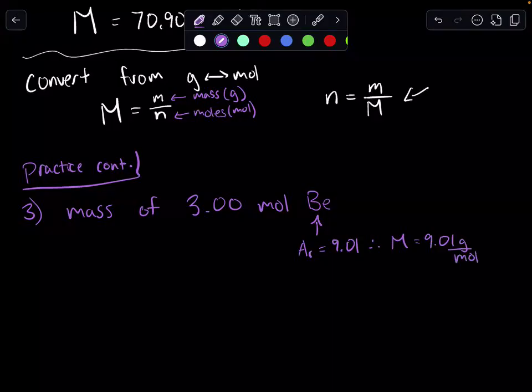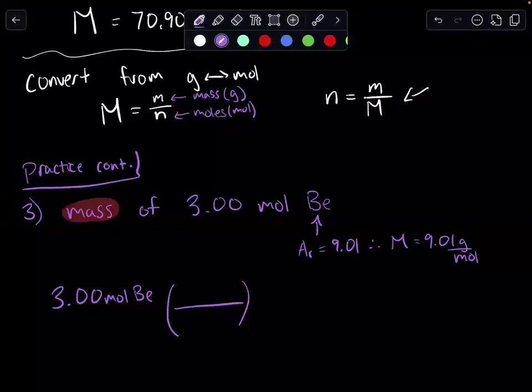All right, so I'll start with my problem. I start with my given 3.00 mole beryllium. I know that I'm looking for mass in grams. So what I'm going to do is grab some big parentheses that have a top and a bottom.